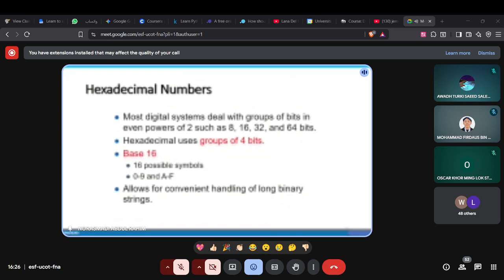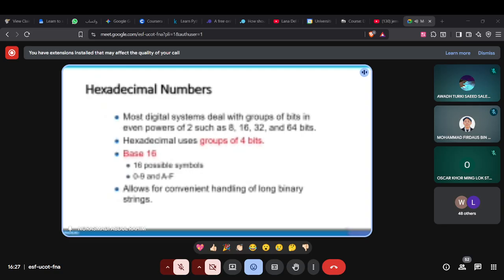So now we go to the hexadecimal number, because you already learned the binary number, right? So actually it's almost the same as the binary number, only in hexa. Most digital systems deal with groups of bits in even powers of 2, such as 8, 16, 32, and 64 bit.